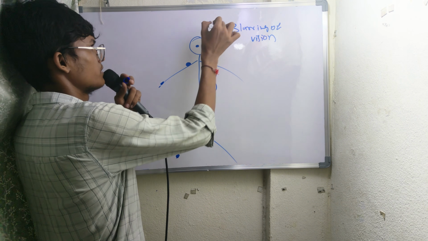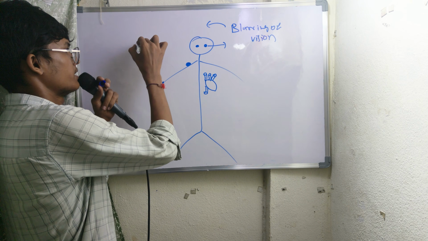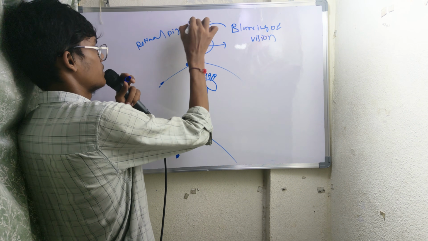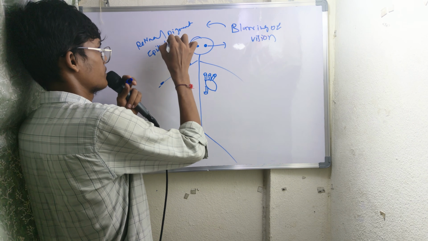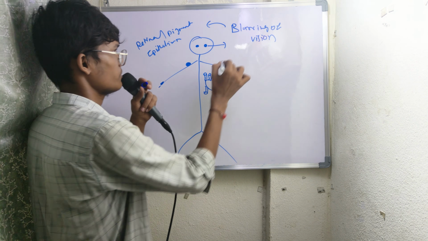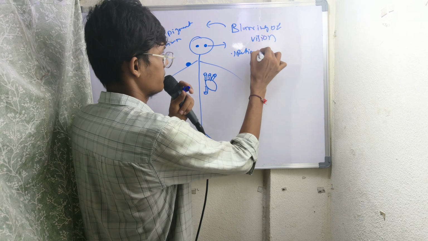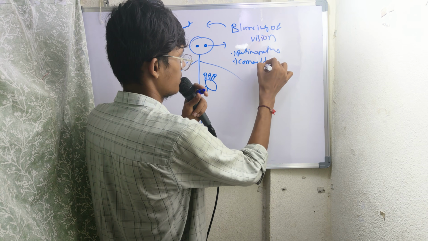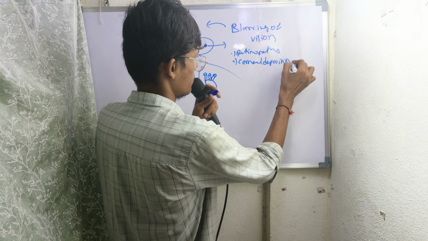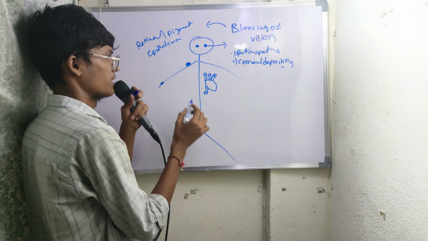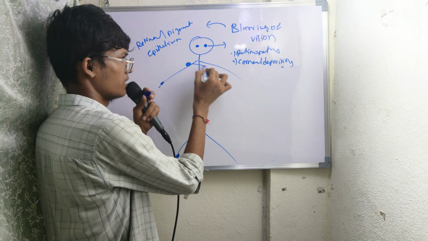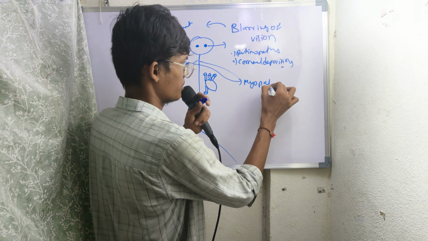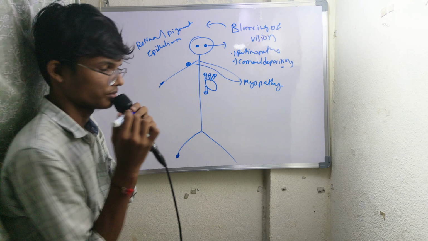Why? Because chloroquine might accumulate in the retinal pigment epithelium and cause blurring, so retinopathy, and corneal depositions might also be seen. Okay, we finished the eyes part. Then we are talking about the muscle. It can cause myopathy because it enters the lysosomes.